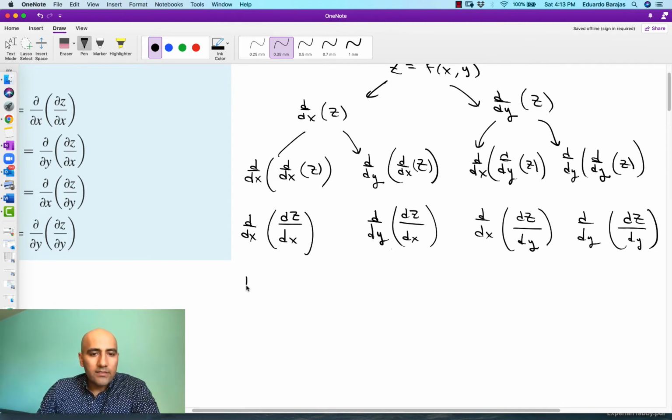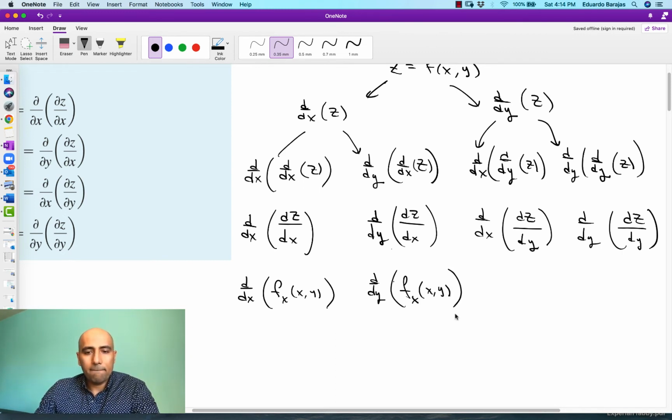Okay, well, likewise, this is d dx of, using the notation from before, f sub x, right, the derivative of the function with respect to x of x comma y. This is d dy of f sub x of x comma y, right?